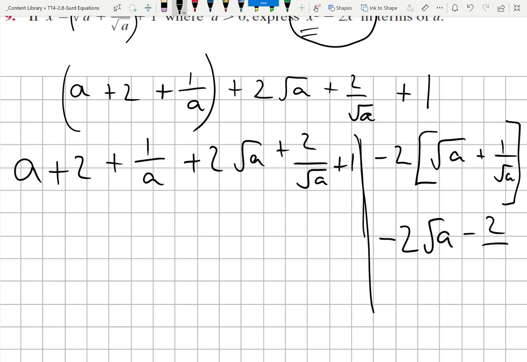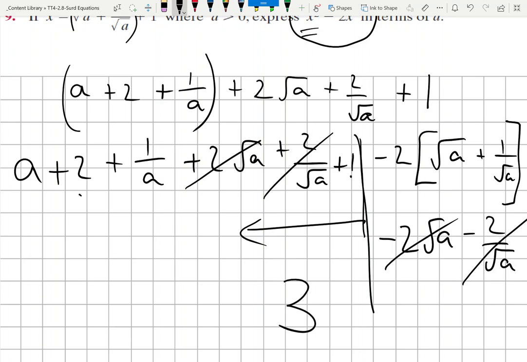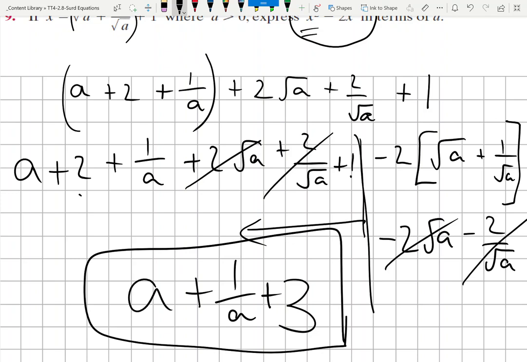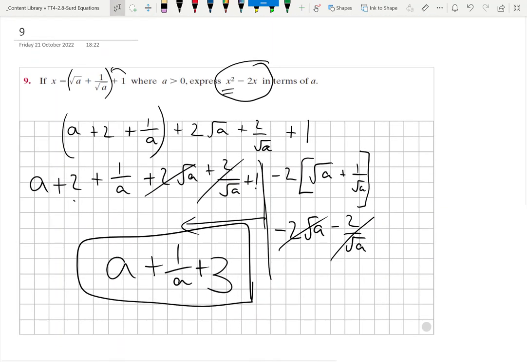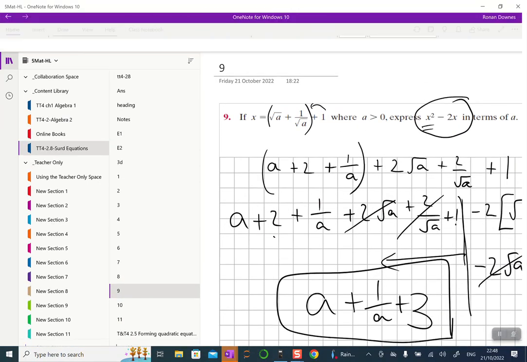And I expect a lot of cancellations, so let's see where our cancellations are. There and there anyway. So now we're just looking back this way. We have 1 and 2 is 3. And we have a plus 1 over a. And that's that answer. We have a quick look at the solutions and see, do we like it?